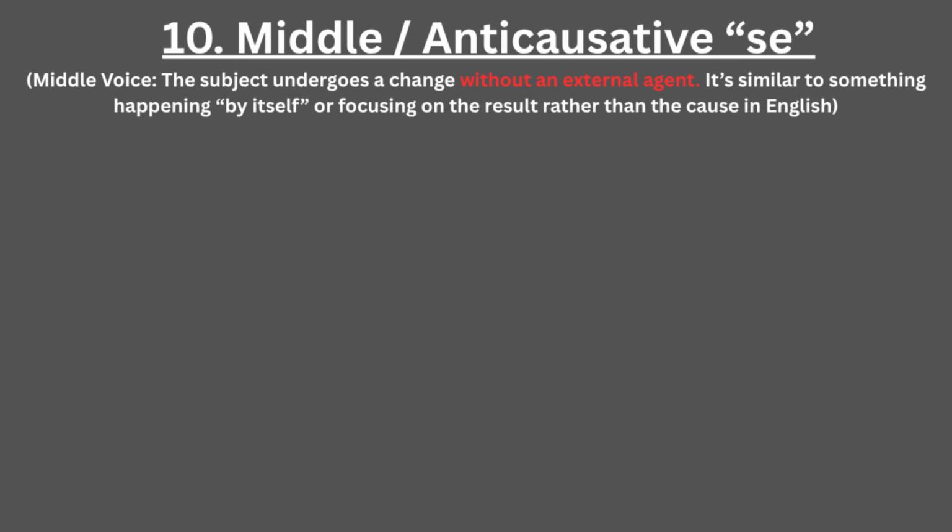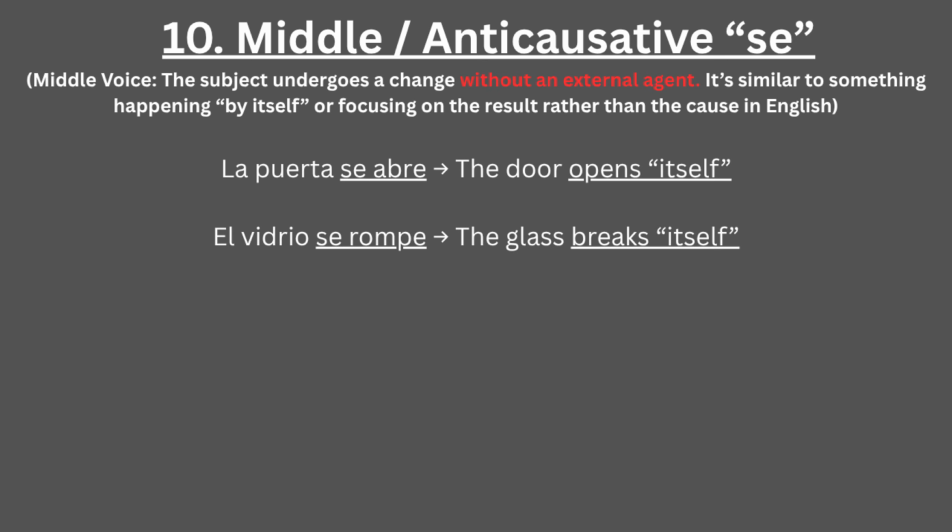At last, the 10th way of se is a middle se with a middle voice, where the subject undergoes a change without an external agent. In English, this construction happens when something happens by itself, or when the focus is on the result rather than the cause. An example is la puerta se abre. The door opens itself. El vidrio se rompe.